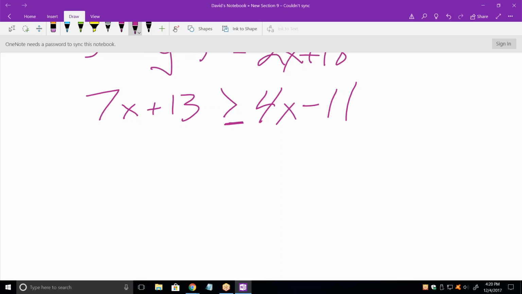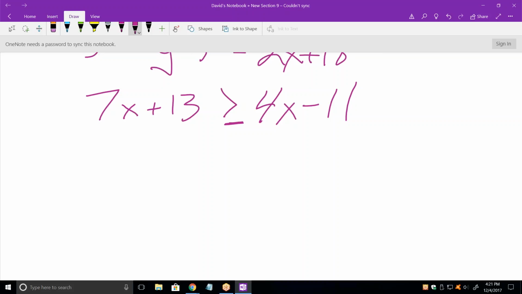You make it equal to the equation? No. So far, you can solve an inequality much like you solve an equation. There's only one time where it's significantly different that you have to be aware of. And this problem's not going to do it.